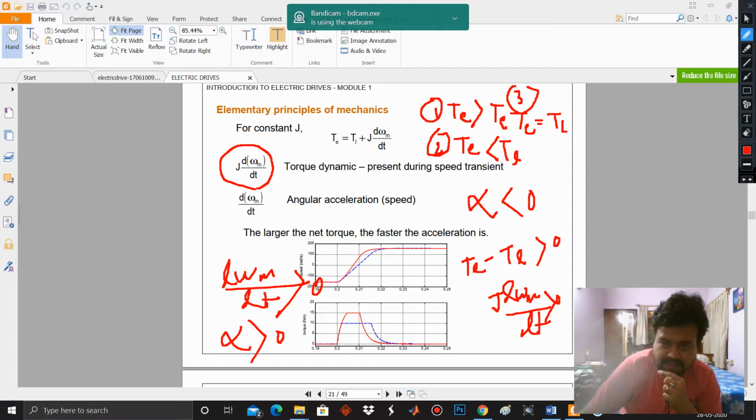And the third case, when Te is equal to TL, d omega m dt is equal to 0, or rather omega m is equal to constant. That means the rotor is moving at constant speed.